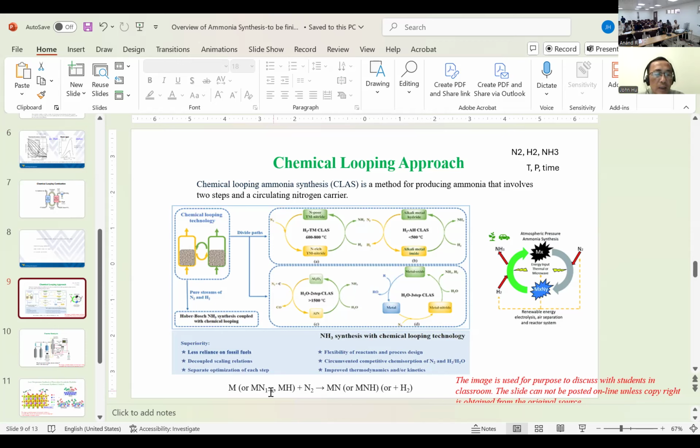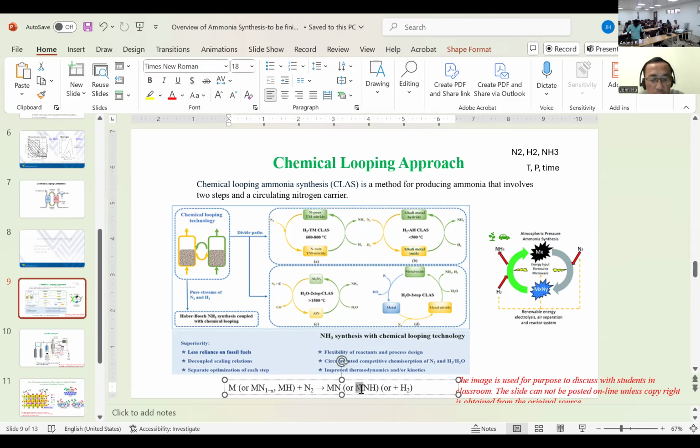You have to select a metal or metal complex that reacts with the nitrogen, forming this complex. It's called MN. M means metal, N means nitride. It's not N2. So by doing so, you activate N2, but N2 is bonded with the metal. You follow me? But you have to release it. When you release it, the metal reacts with hydrogen. That's chemical looping of ammonia.